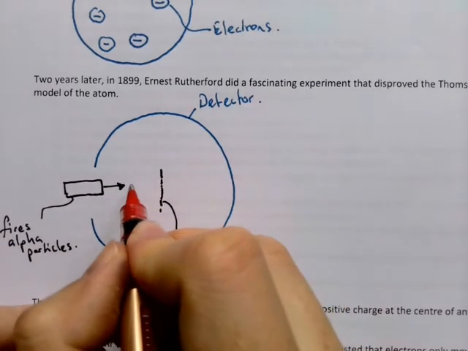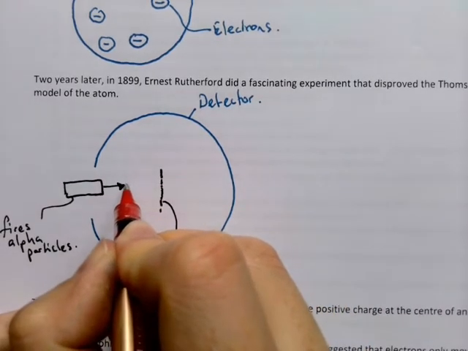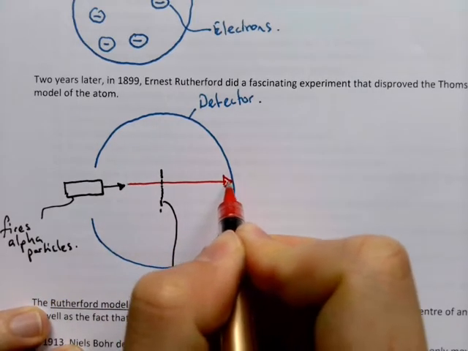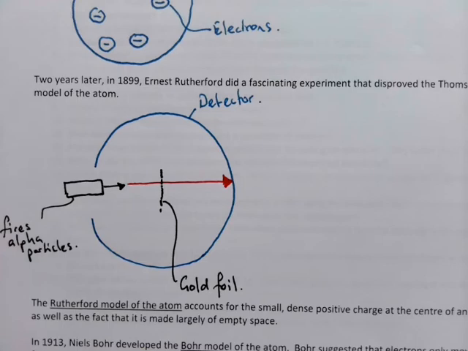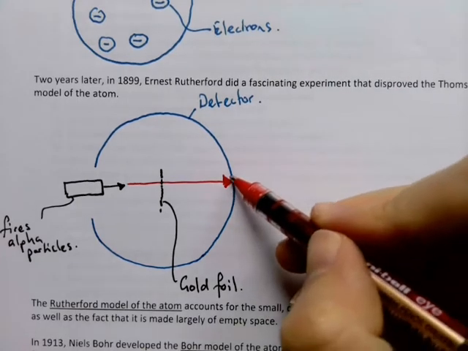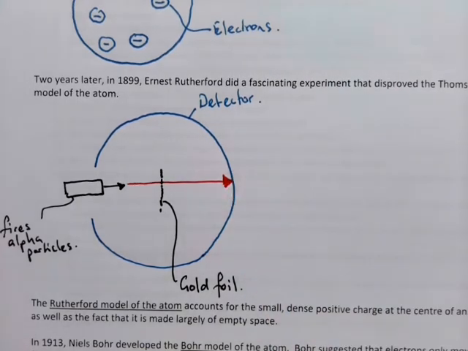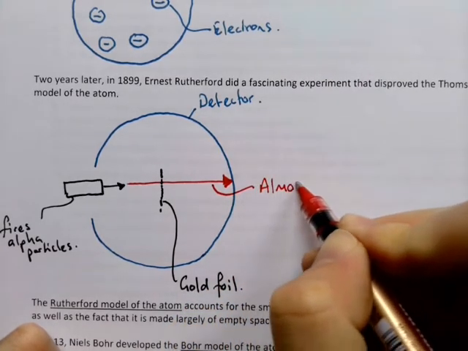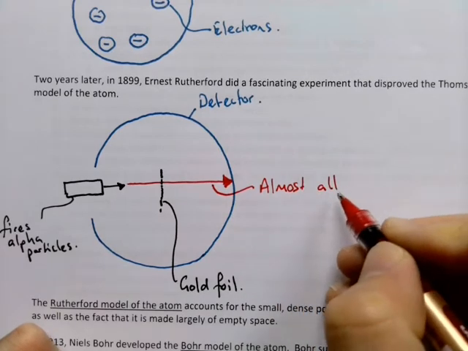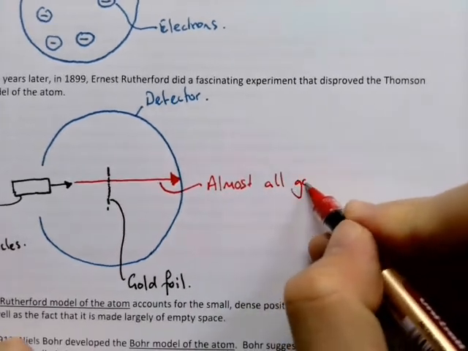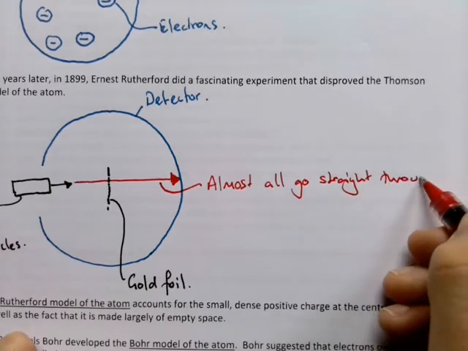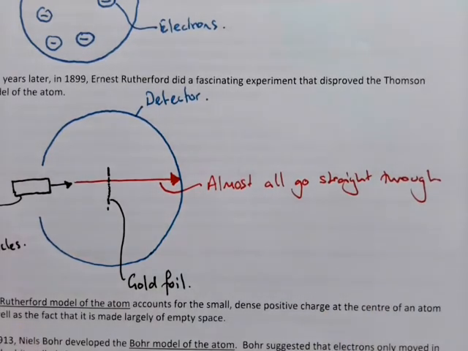And what he found was that almost all of the particles went straight through the gold foil. So the biggest signal was here. Almost all go straight through. And he thought to himself, that's interesting.